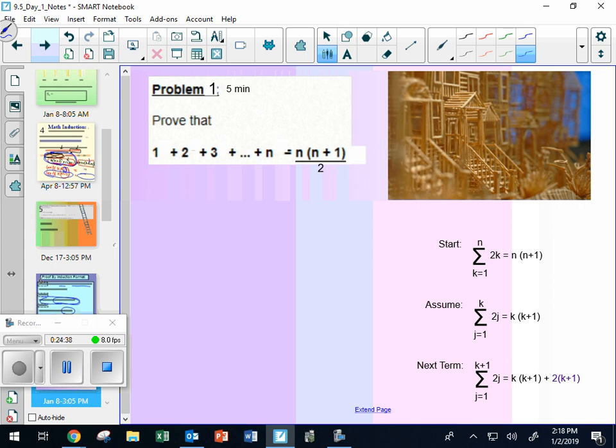This is not a super complicated one. In fact, I already alluded to it earlier in the hour. See if you can do it yourself. Hint. First step, prove n equals 1. Second step, actually this is an assumption. I shouldn't even say prove, I should say assume.